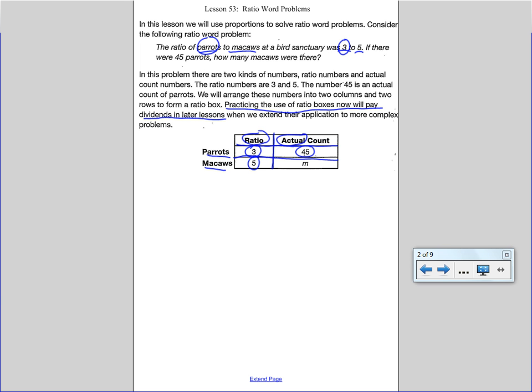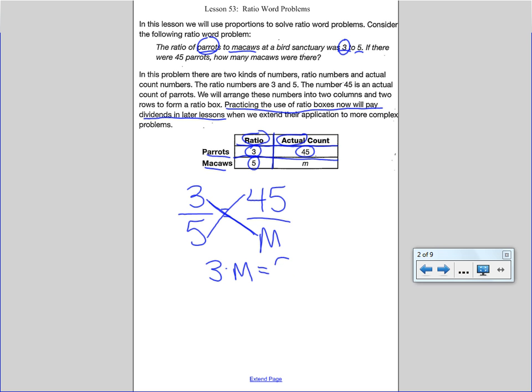Remember, whenever we have proportions, in this case, we have 3 over 5 is equal to 45 over m. To solve a proportion, we do the cross product. The cross product is 3 times m, which must be equal to 5 times 45.